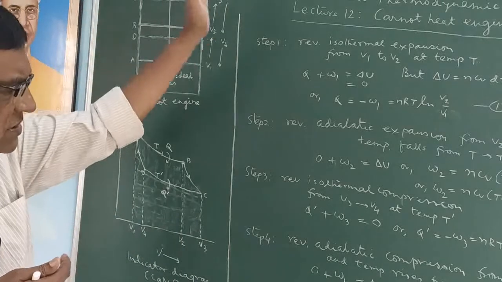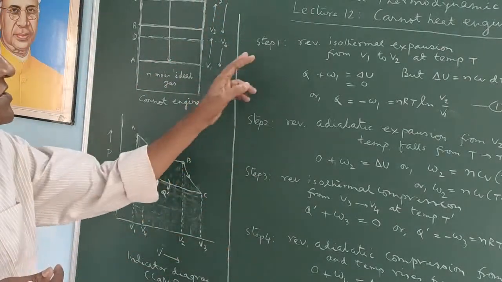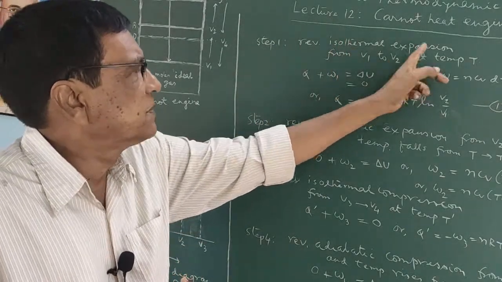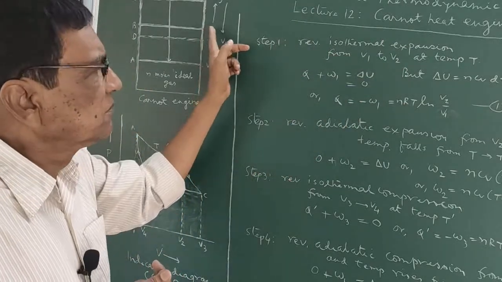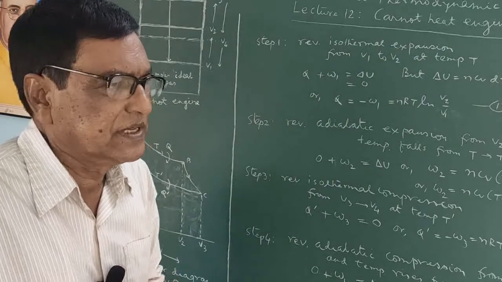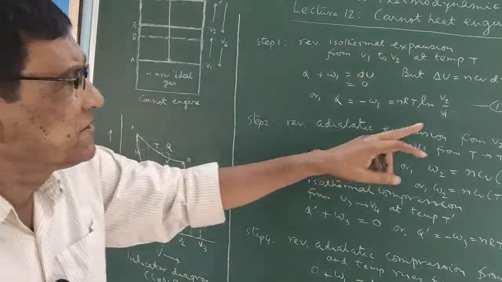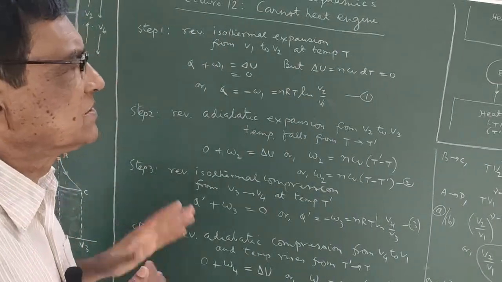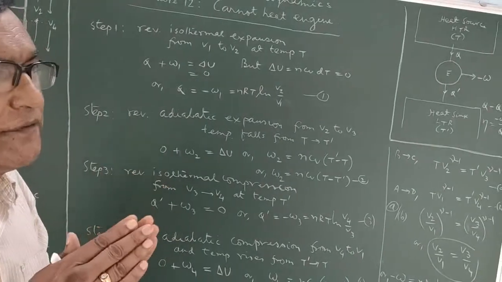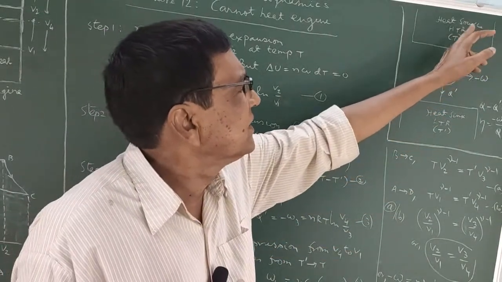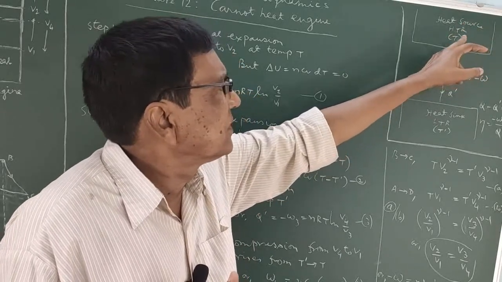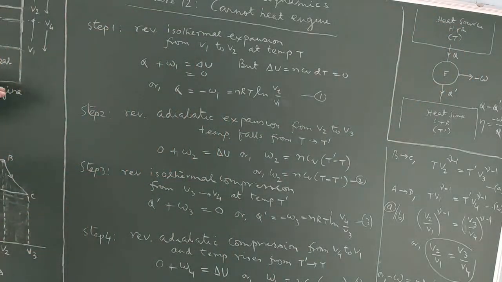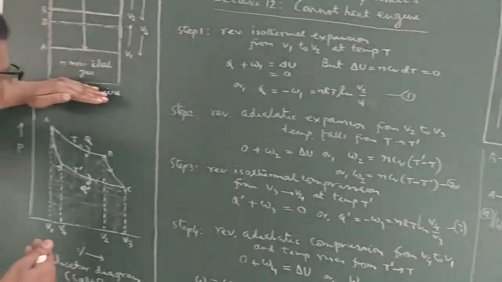So, consisting of these 4 steps, step 1 is a reversible isothermal expansion from volume V1 to volume V2 at a temperature T. This is the reservoir temperature T. It means this cylinder or engine has been kept in contact with this hot reservoir, or HTR, at temperature T. This reservoir is placed just below.